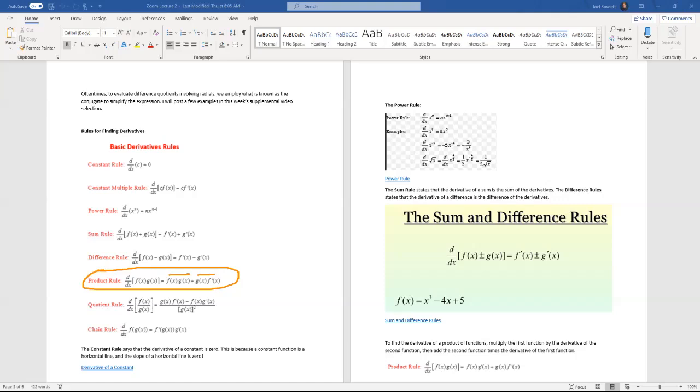So let's look at an example here. Suppose I have y is equal to, I'm going to keep these very simple since it's difficult to write with this mouse, but we will look at some videos. Let's let the first function f of x be 3x. And let's let the second function be x to the power of 2.